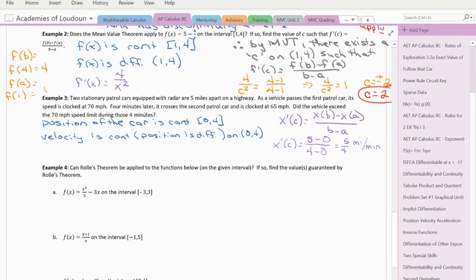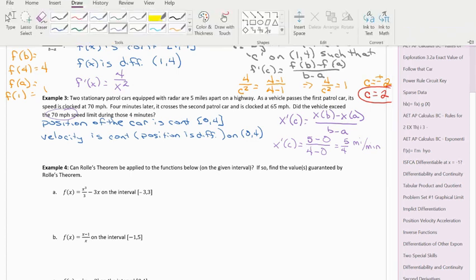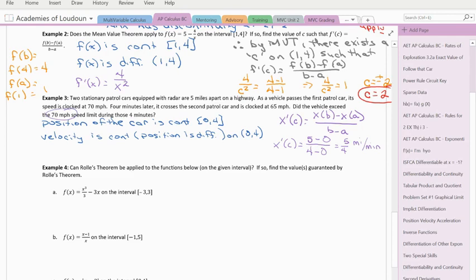But remember, we're looking to see whether it exceeded miles per hour. So this is where, if you've taken chemistry, dimensional analysis will come into play. So we have 5 miles in 4 minutes. We know that there are 60 minutes in 1 hour.